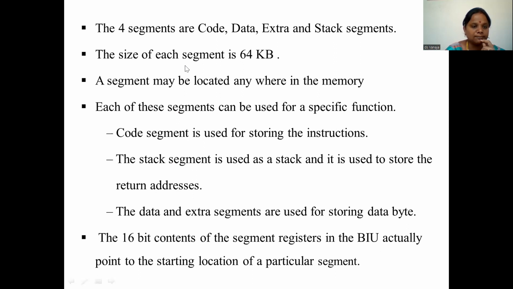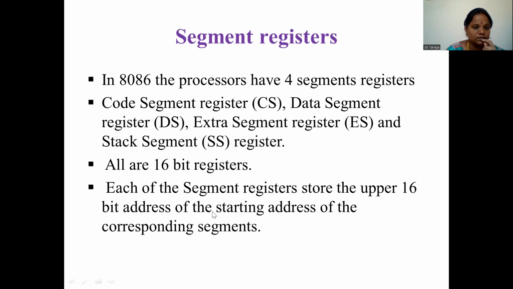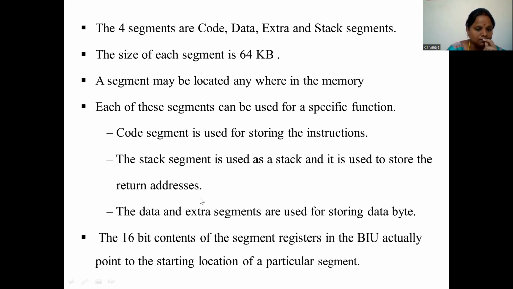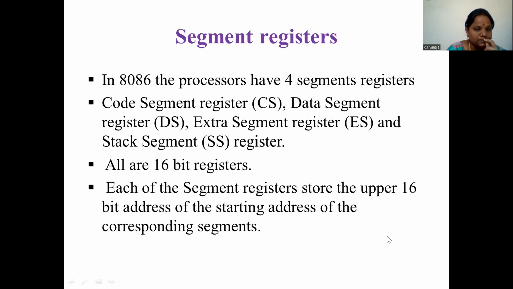The size of each segment is 64 kilobytes, and these may be located anywhere in the memory. The 16-bit contents of the segment registers in the bus interface unit usually point to the starting location of a particular segment. Now we will see the actual functioning of these segment registers.